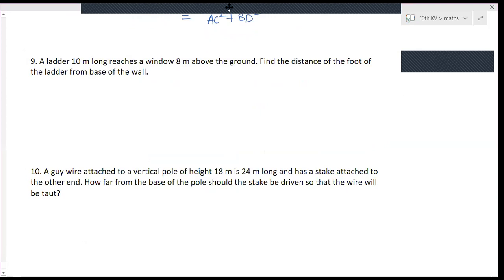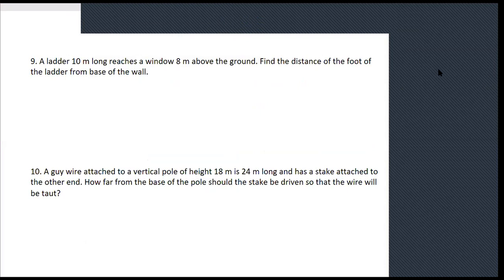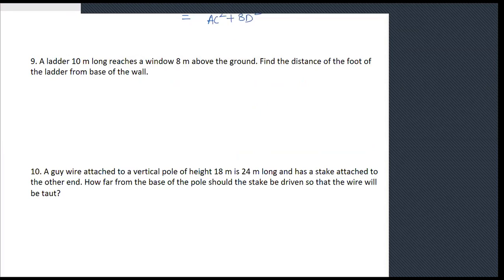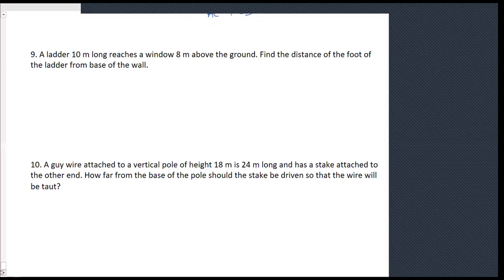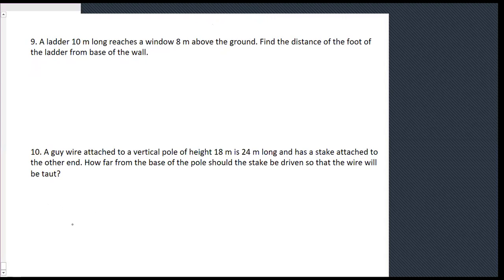A guy wire attached to a vertical pole of height 18 meters is 24 meters long. The vertical pole is 18 meters and the wire is 24 meters long. It has a stake attached to the other end. That means something that gives it support, attached at the ground.